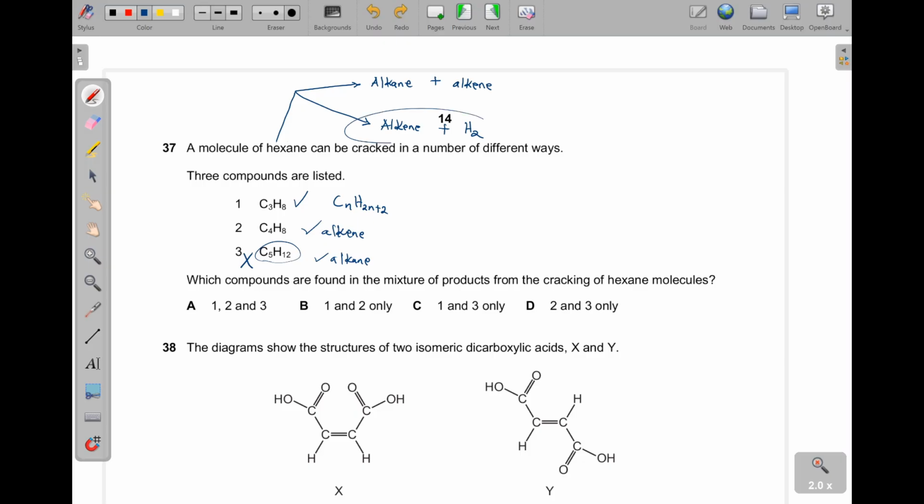Because I said alkenes and then hydrogen. Or this alkene and then another alkane, and of course the alkane that will be formed in here must be having the 2. That is maybe ethane, 2 carbon atoms. So it has to be 1 and 2. So that means our answer has to be a B.